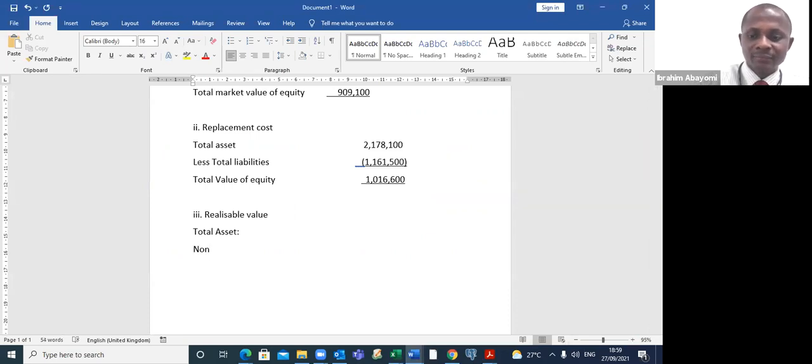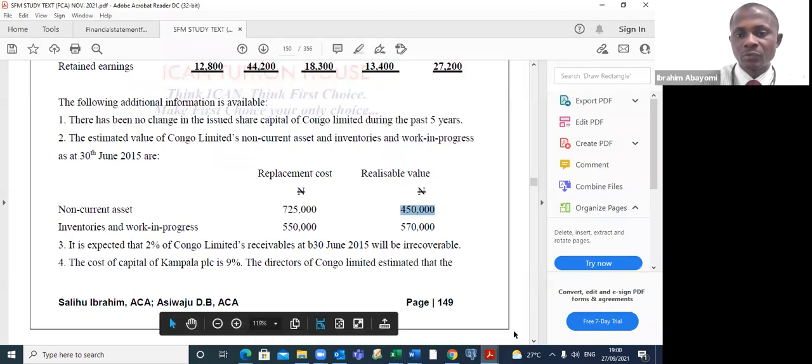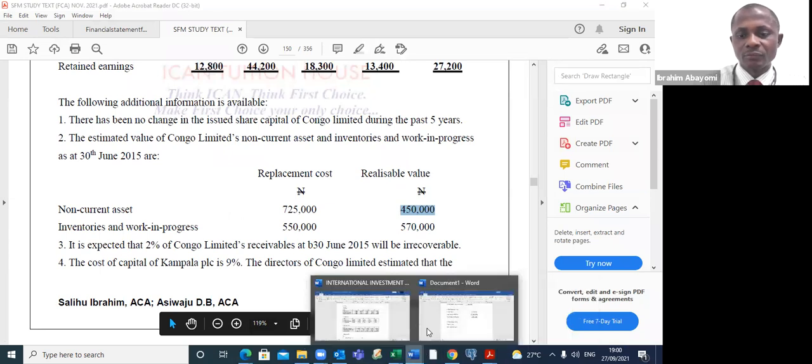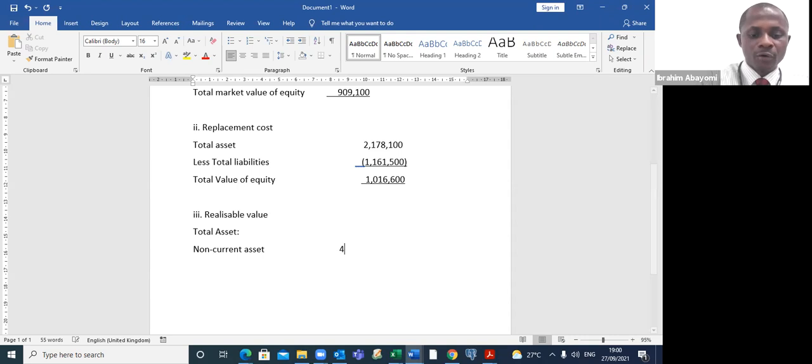Non-current assets, 450,000. Then inventories is 570,000. These are the assets they give us the replacement cost.